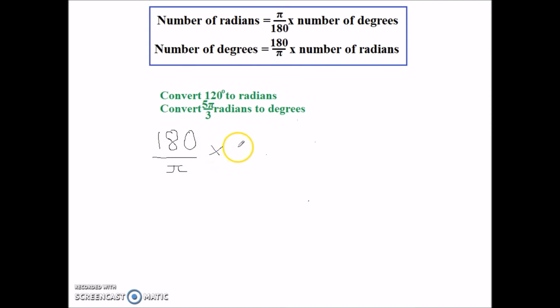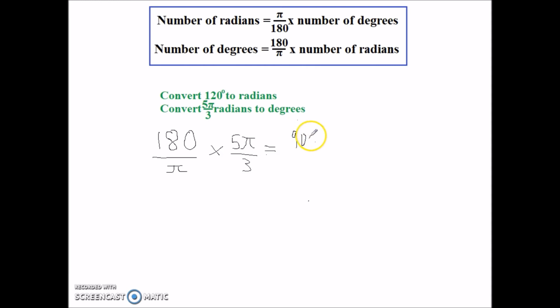So this is a little bit more tricky, because obviously we've got two fractions now, whereas before we just literally had a fraction and an integer. What this is going to give us is 180 times 5 pi is going to give us 900 pi.